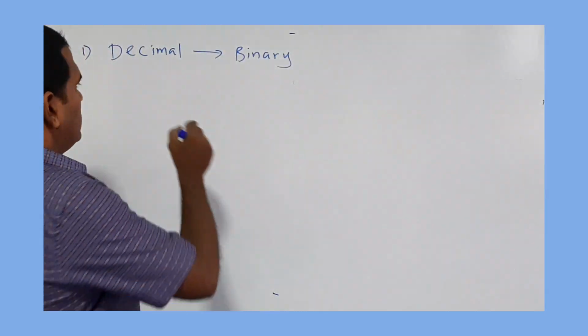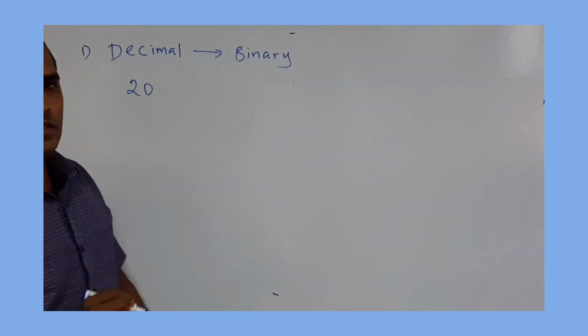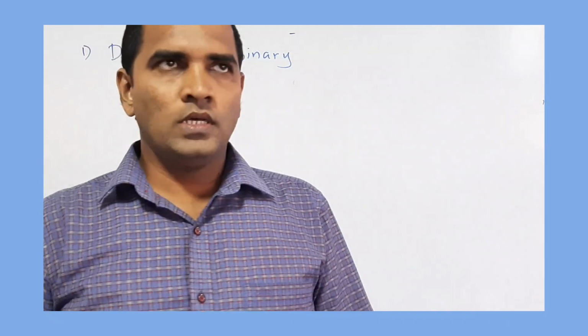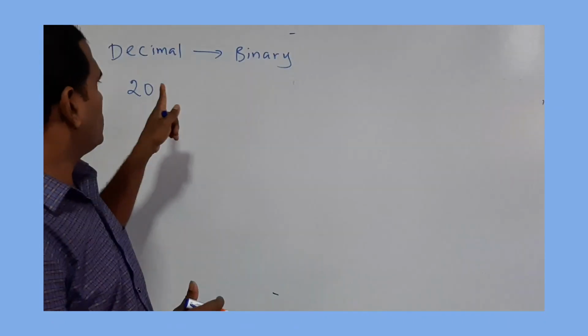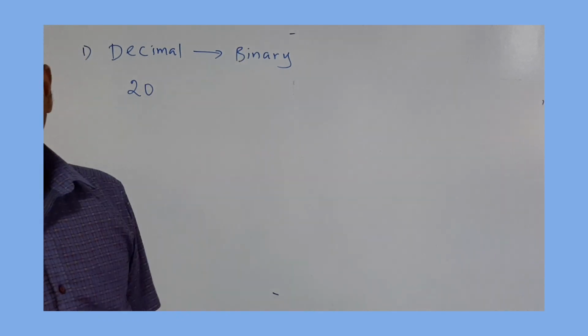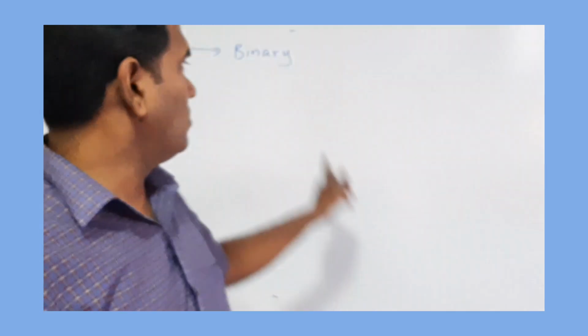So better I take a simple example. Let me take 20. Let's find out the equivalent value for 20 in the binary number system. 20 is written in the decimal number system, so definitely there is an equal value in binary.